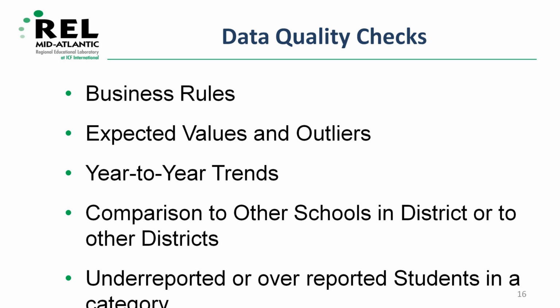So some of the data quality checks that I used to run, of course, looking at business rules, and you can automate a lot of those pretty quickly. Checking those expected values, the outliers, year-to-year trends, comparing schools within a district or district to district, not necessarily that you're going to have the same numbers, but that you're in the same range. Again, looking for outliers.